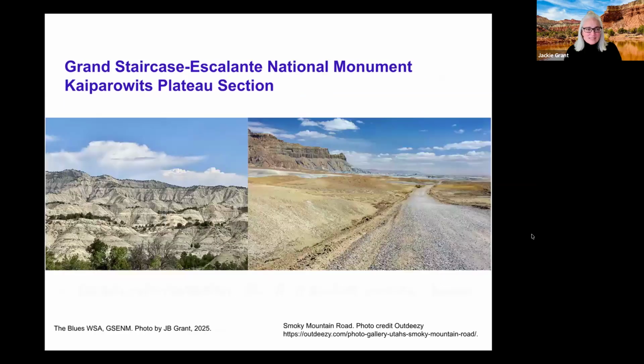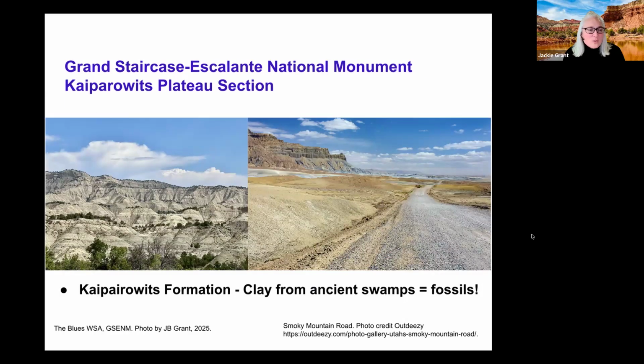Next slide, please. All right, the central section of the Grand Staircase Escalante National Monument is the Kaiparowits Plateau section. Not as colorful, but still quite beautiful in a subtle way. And what we see here are lots of different types of grays and gray-blue colors. This also is an area full of clay from ancient swamps, so you don't want to go there during a rainstorm.